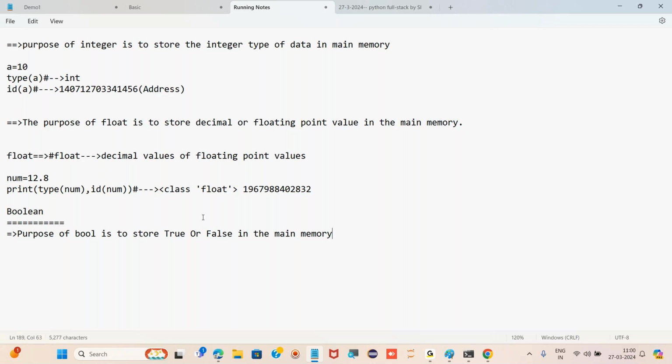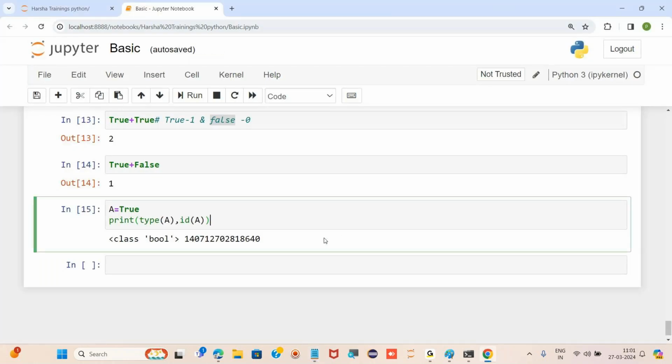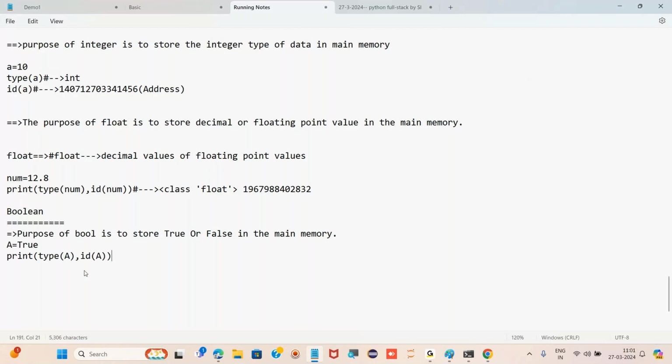Everyone, okay, fine. And this we can consider the example for boolean, right?